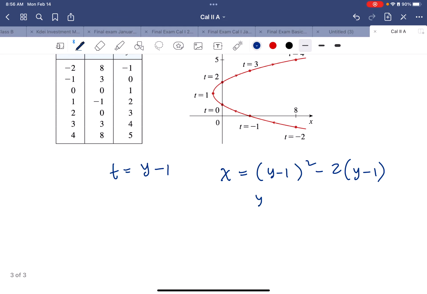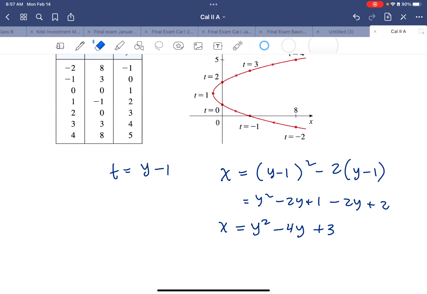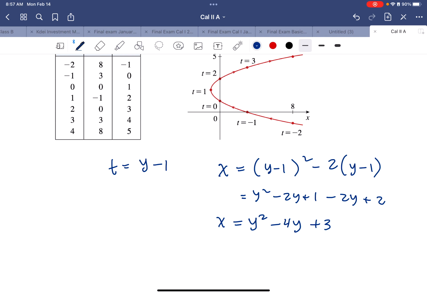If you would like to check this, okay, so we can eliminate or remove the parametric, and we have only the parabola equation here, like this one.